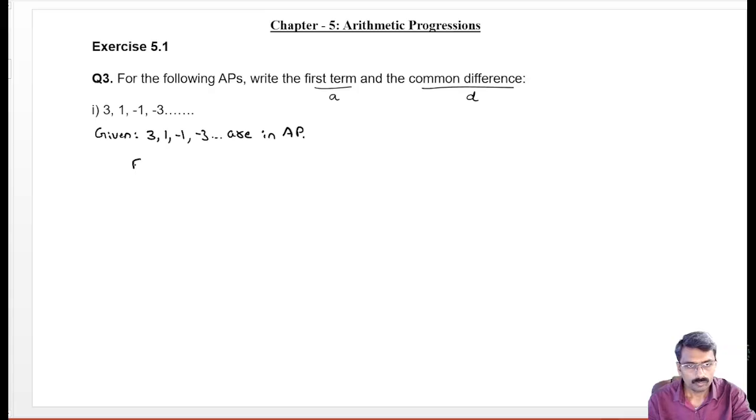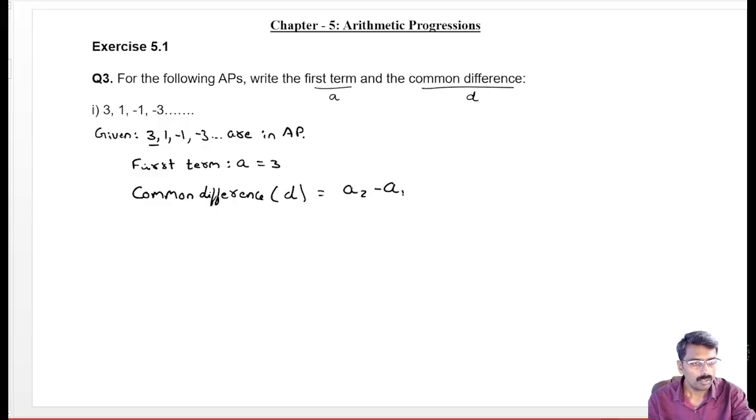First term would be A, that is equals to 3. This is the first term. And common difference D would be equal to a2 minus a1, current term minus previous term, that would be equal to 1 minus 3.